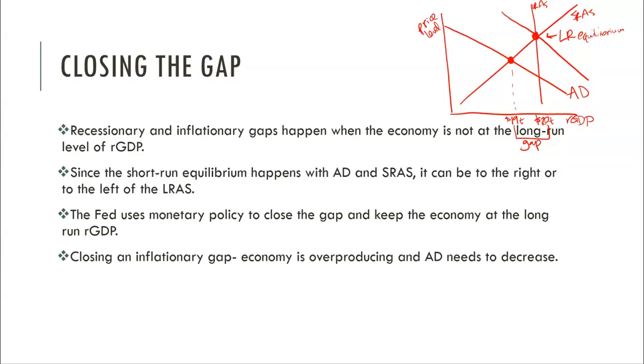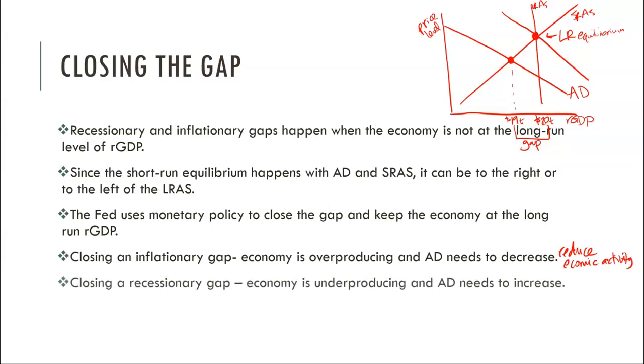So closing an inflationary gap means the economy is overproducing and they want to shift aggregate demand to the left. Okay, they want to reduce economic activity. Closing a recessionary gap happens when the economy is underproducing.